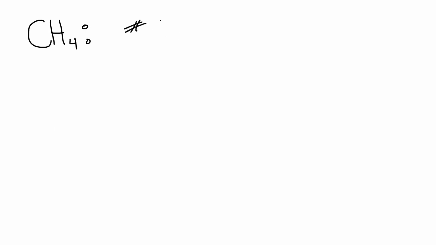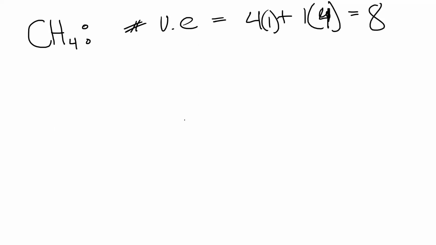So very quickly, number of valence electrons: carbon is 4, plus, of course, there's one of those, and then you get 1 from each hydrogen, multiply that by 4, gives you 8. So we know that carbon is the central atom, hydrogen, hydrogen, hydrogen, hydrogen. You can see we used all 8 valence electrons.